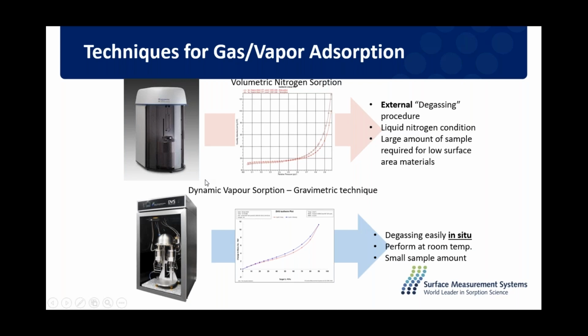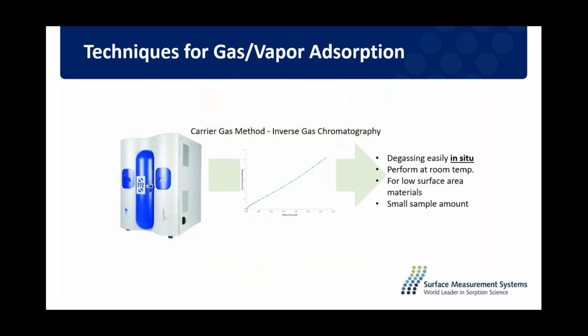Likewise, you can do it gravimetrically using an instrument like the DVS that SMS also makes. This is typically done at atmospheric conditions, so not under vacuum, and again, typically at or near room temperature. The carrier gas method is the inverse GC technique. This, again, can be done at room temperature.